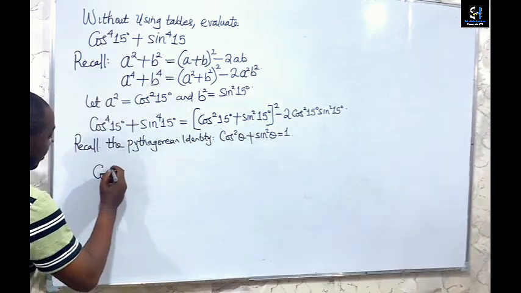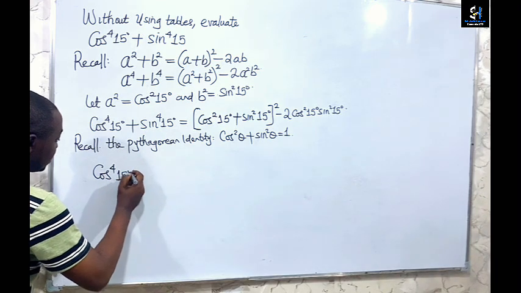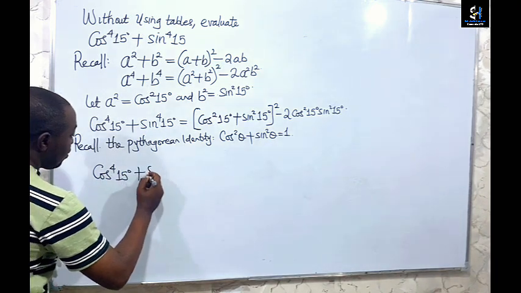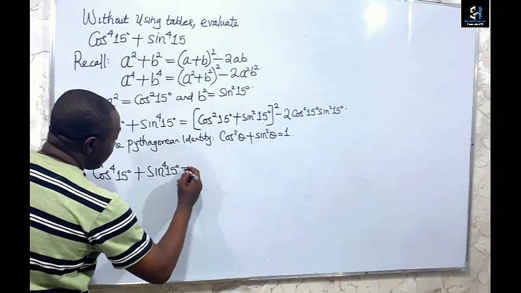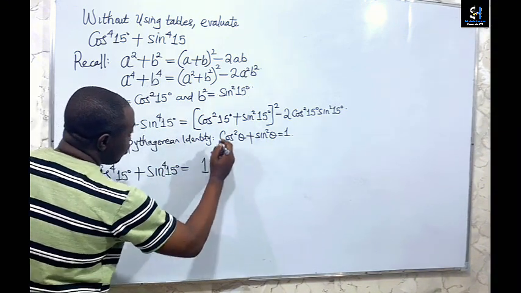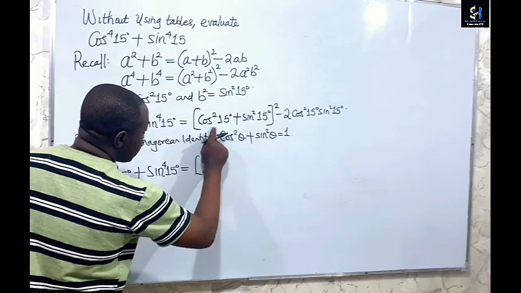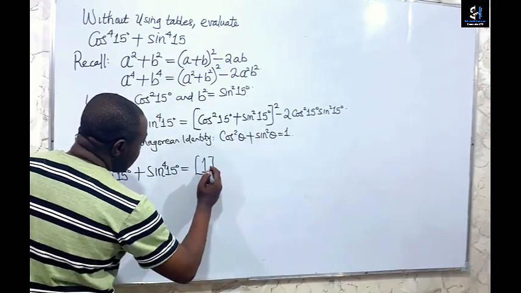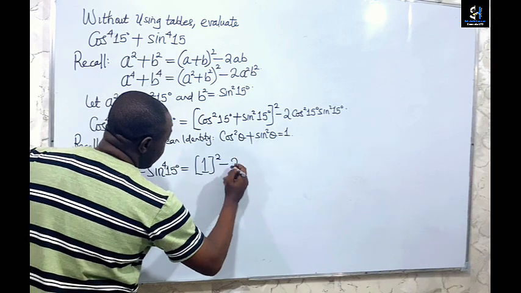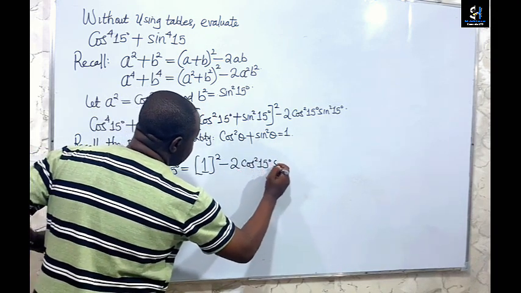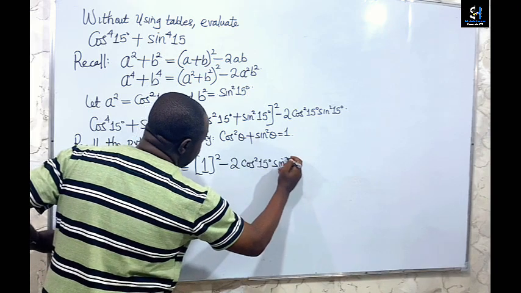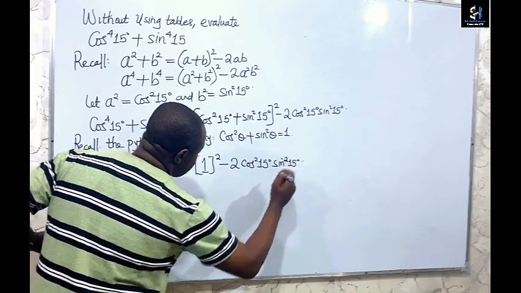So cos 15 degrees raised to the power of 4 plus sine 15 degrees raised to the power of 4 is equal to 1 raised to the power of 2 minus 2 cos squared 15 degrees multiplied by sine squared 15 degrees.